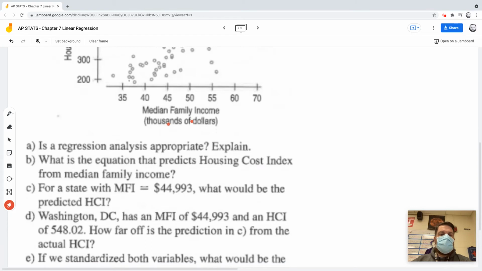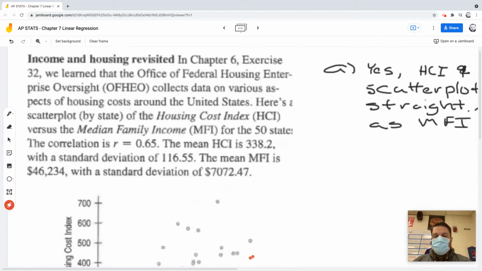Part B, what is the equation for the housing cost index from the median income? Now this one we're going to have to do a little math.